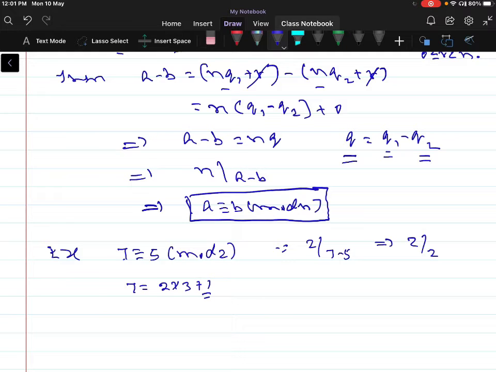When the integer 5 is divided by 2, 5 can be written as 2 into 2 plus 1. You can observe that the integers 7 and 5 have the same remainder, that is 1. And moreover, 7 is congruent to 5 modulo 2, because 2 divides 7 minus 5, this implies 2 divides 2. So this is the example for the above theorem.